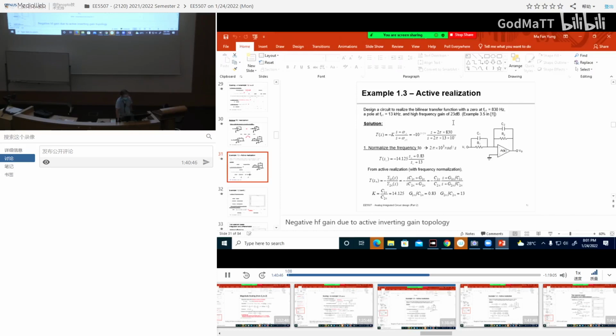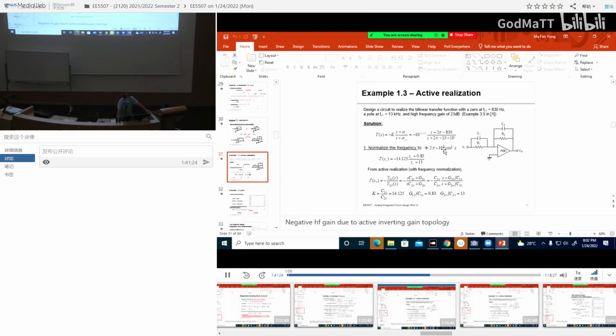So straight away, what is the shape of this thing? You hit the 0 first, you go up, then you hit the pole, flatten out. So it's like a high pass function. Once again, you go into the normalized domain and scale using 1 kilohertz, 1 kilohertz radian per second.